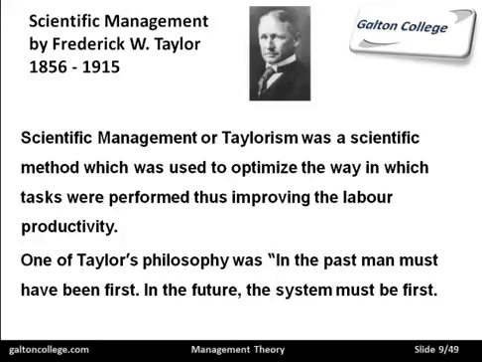So the world was changing very, very rapidly, and they must have had a response to it. So Taylor saw the system, the organization, as having requirements, and the system employed people. So people should put the system first, not themselves. It was the team that was important, not the individual.